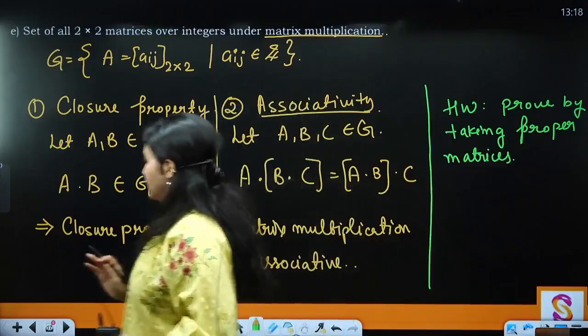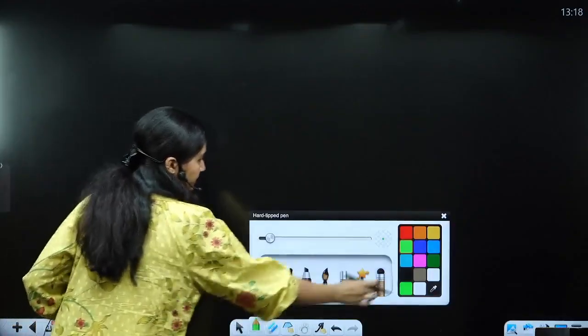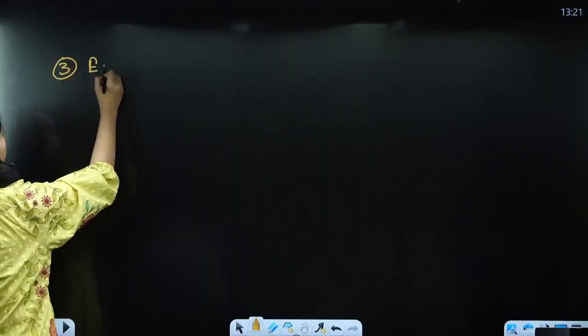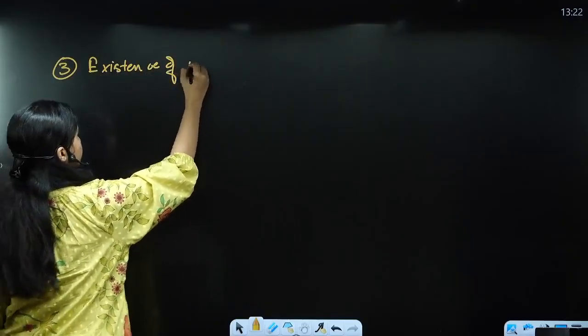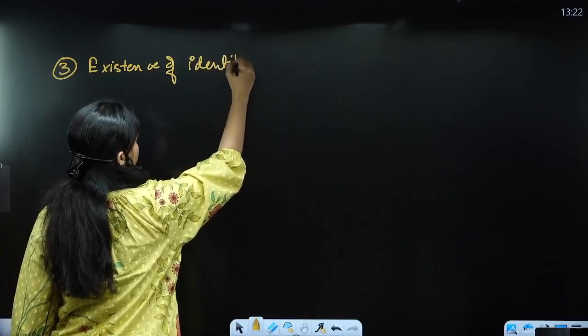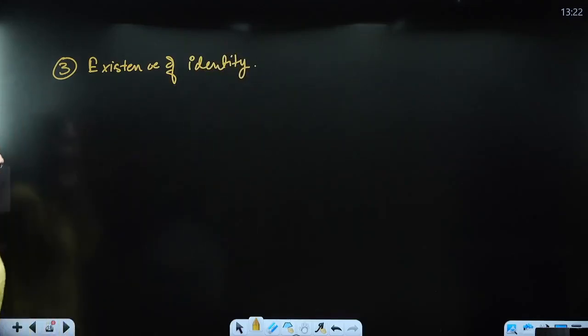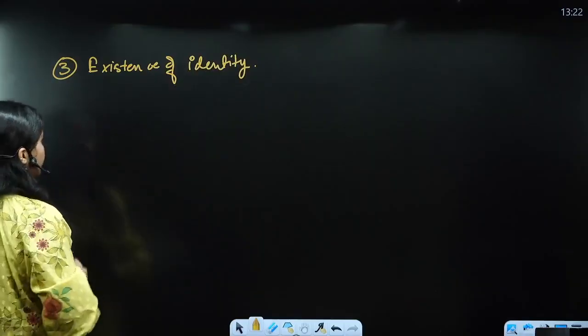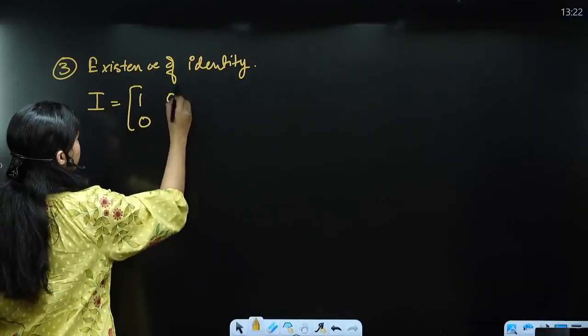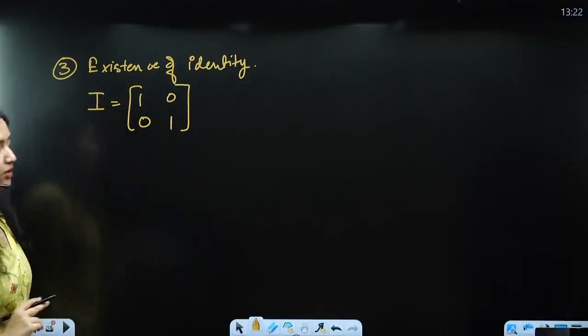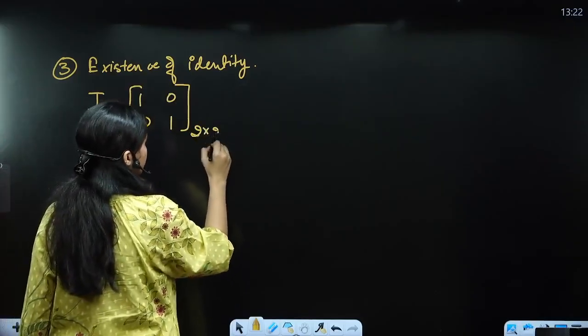All right. So now we will be taking up the inverse part, right? Inverse and the identity part, right? Chalo. So what is identity with respect to matrix multiplication? That is your identity matrix. So in 2 cross 2, the diagonal elements are 1, that is known as your identity element.